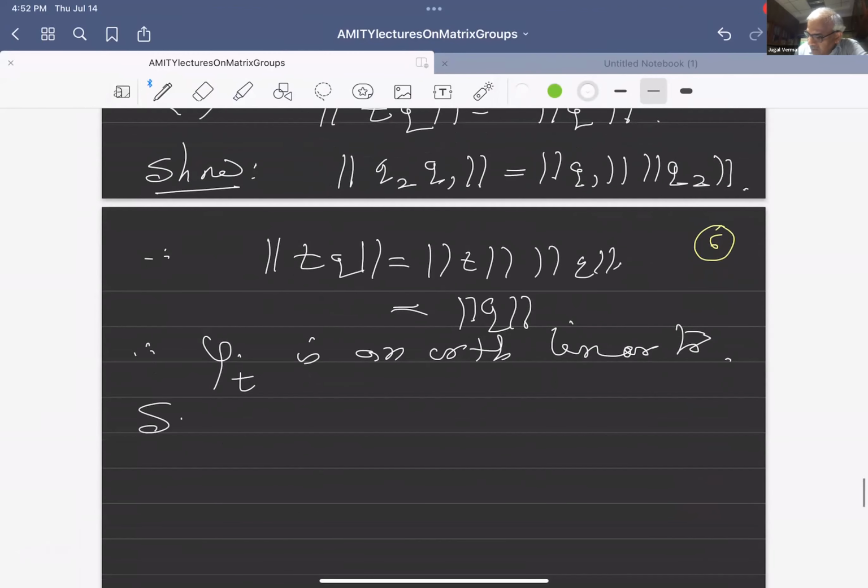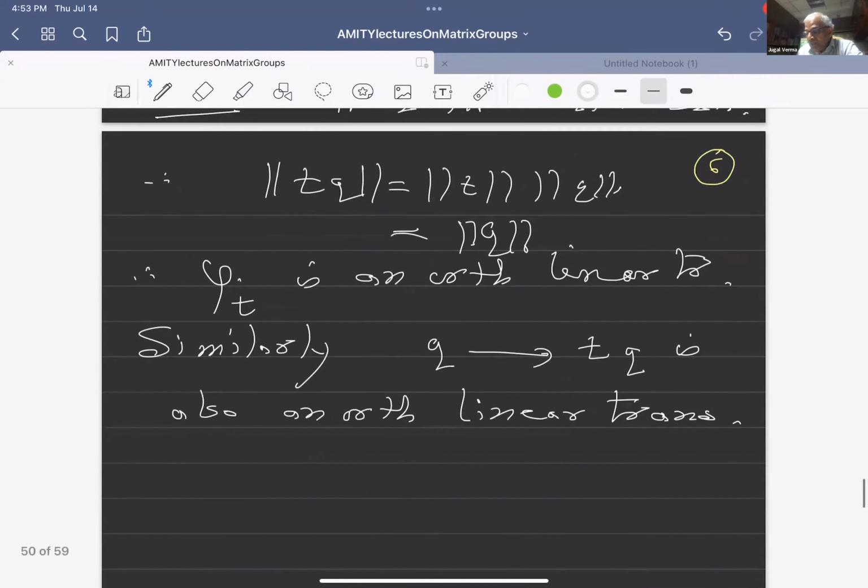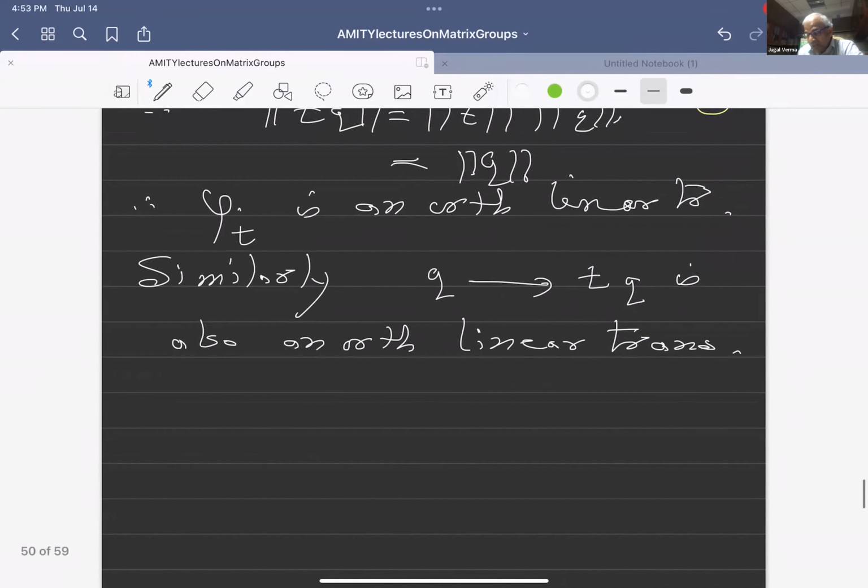Similarly, q mapping to Tq is also an orthogonal linear transformation. And the composition of two orthogonal linear transformations is also an orthogonal linear transformation.